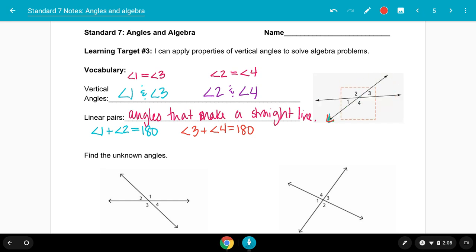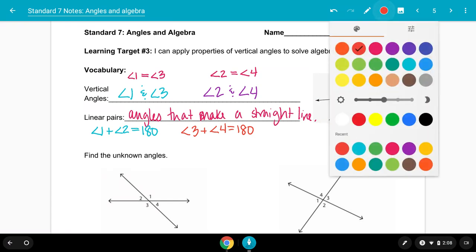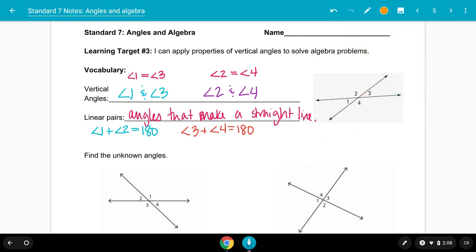Now, watch this. Let's talk about this line. Above this line, we have angle 2 and angle 3, and those add to 180 degrees.